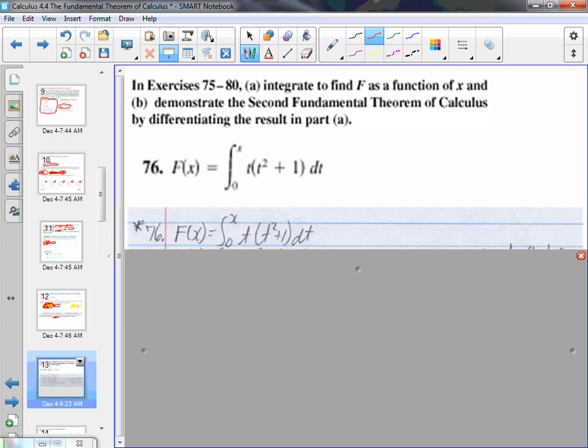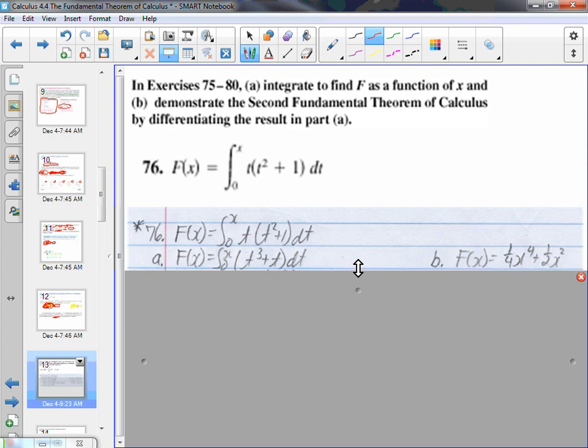So we have capital F of x equals the integral from 0 to x of t times t squared plus 1 dt. Let's find that integral. Now, to find the integral of t times t squared plus 1 dt, I can't do it like it's written because there is no product rule for integration. So distribute the t.